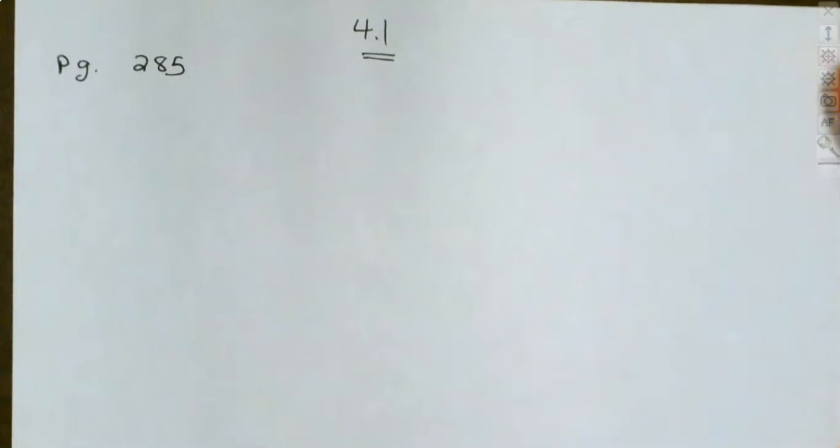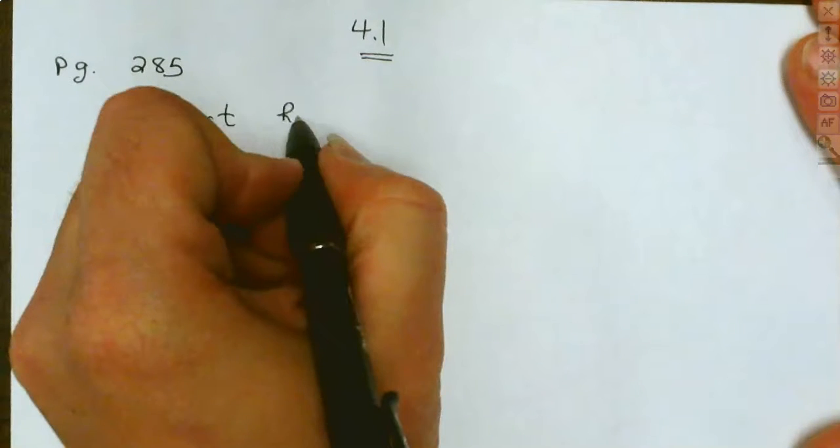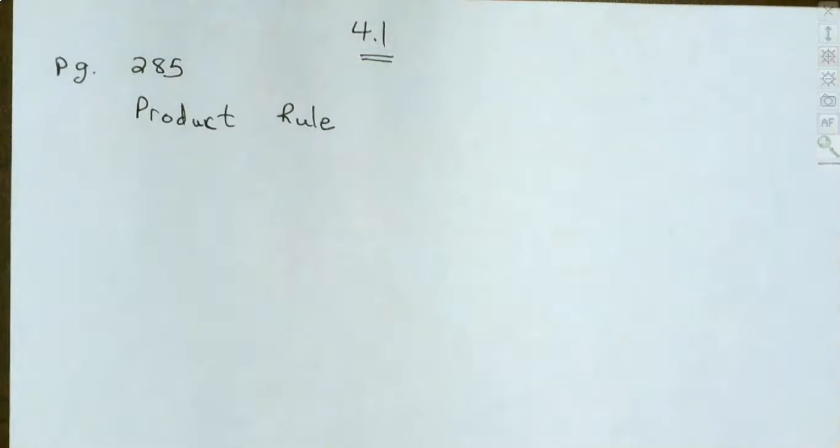So the first one that we're going to look at is the product rule. These are all on page 285. And the first one, again, is the product rule. Now, for the product rule, when we multiply, the exponents add together.